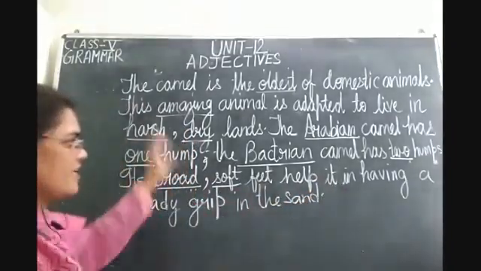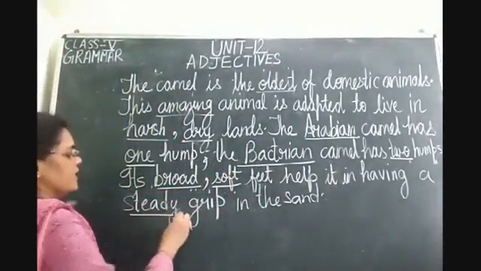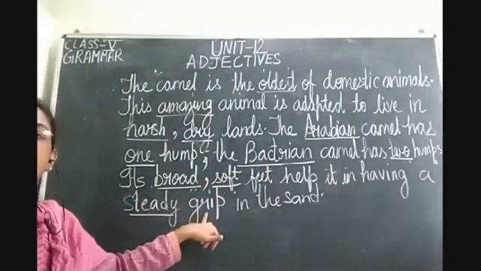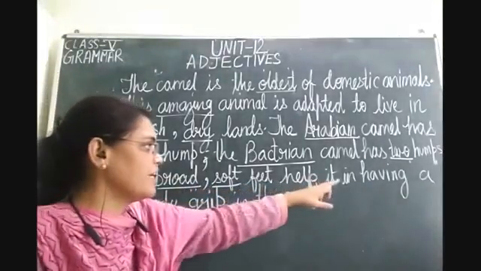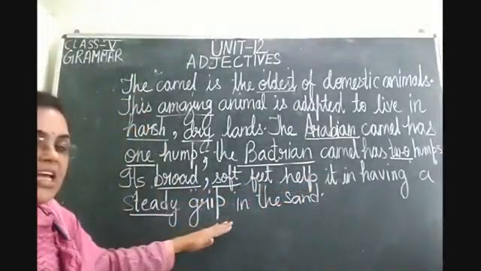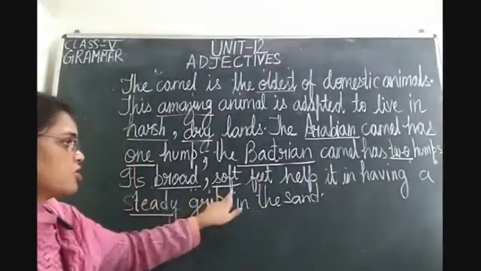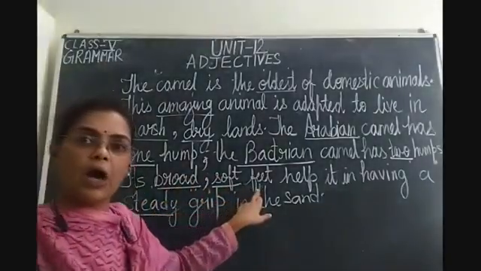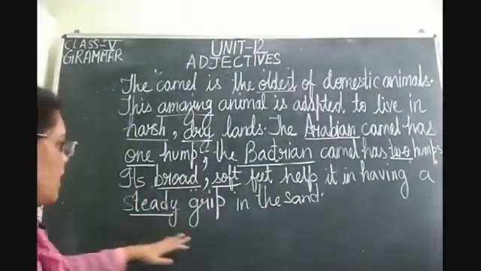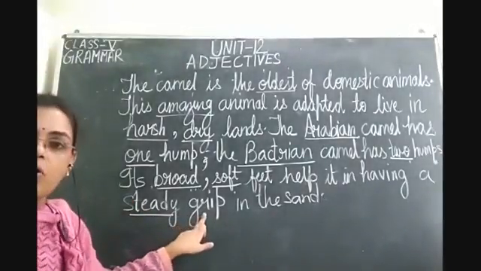Now, the next describing word is steady. स्टडी किसको बेटा डिस्क्राइब कर रहा है? ग्रिप को. So its broad soft feet help it in having a steady grip in its sand. इस सेंटेंस में बेटा broad and soft, these two are describing words. They are describing the noun feet, and steady is the adjective which is describing the noun grip.